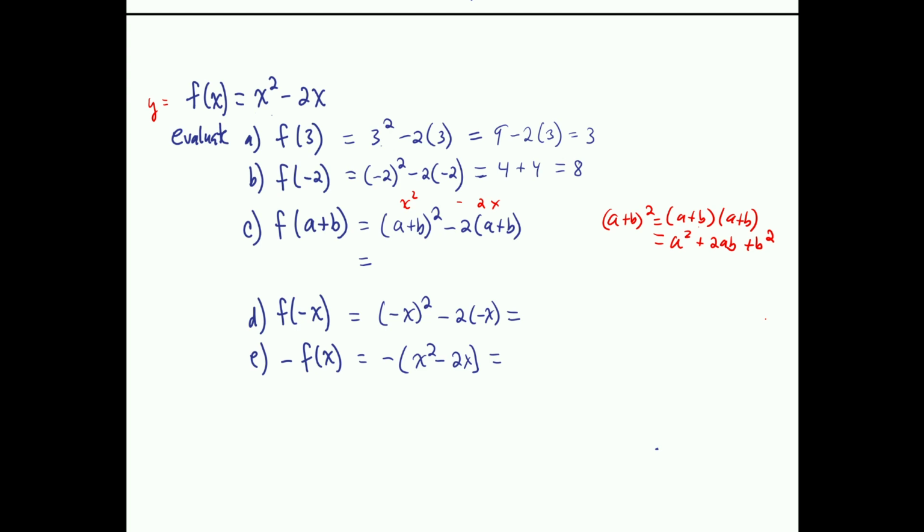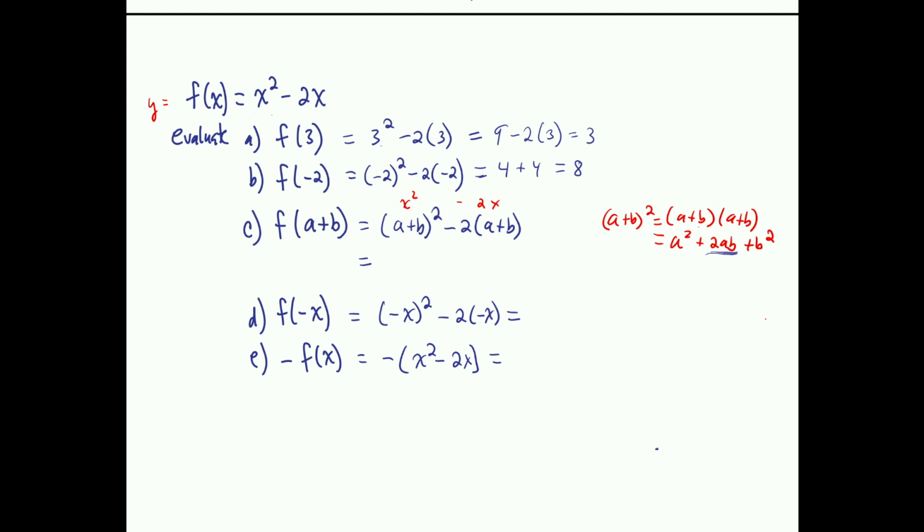The thing you have to be careful of is over here in the red, when you've got (a plus b) squared, that quantity squared, FOIL that out. That's the same thing as (a plus b) times (a plus b). When you do the first, you get a times a, which is a squared. When you do the outer, you get a times b. You do the inner, you get a times b. So that gives you 2ab. And then b times b would give you b squared.